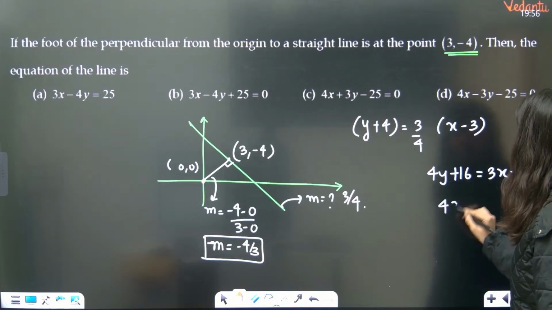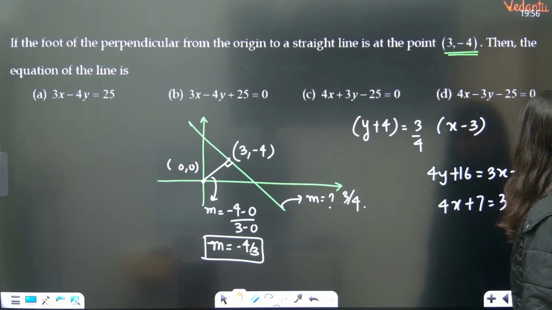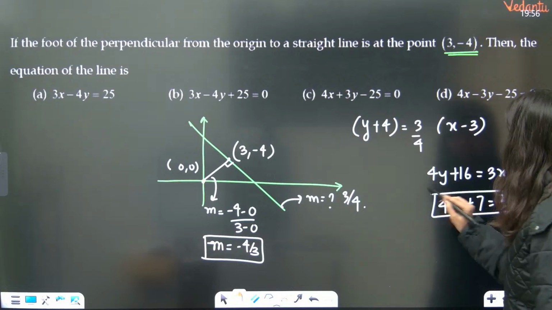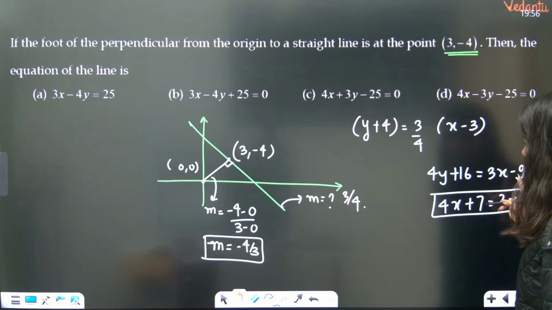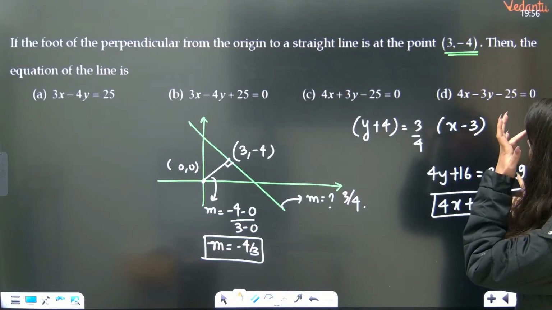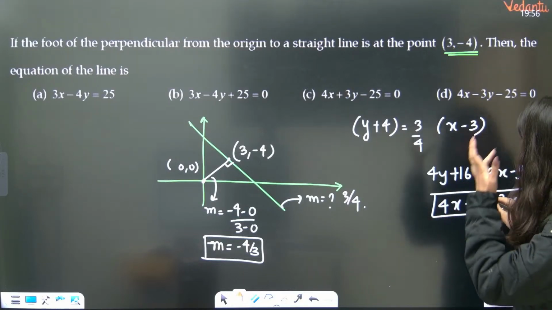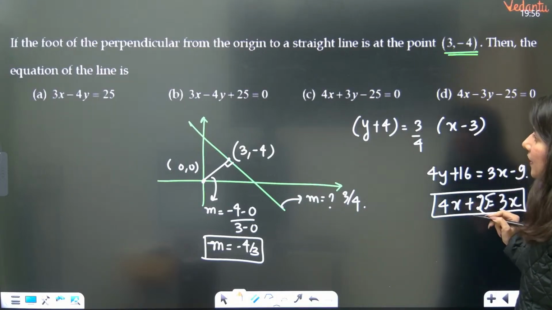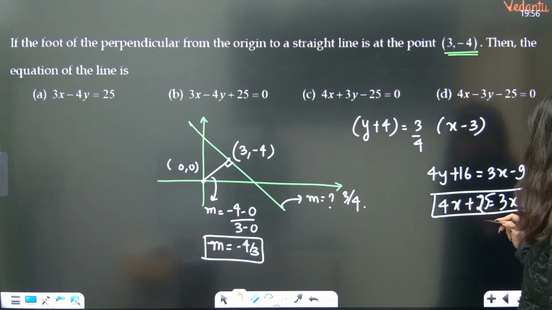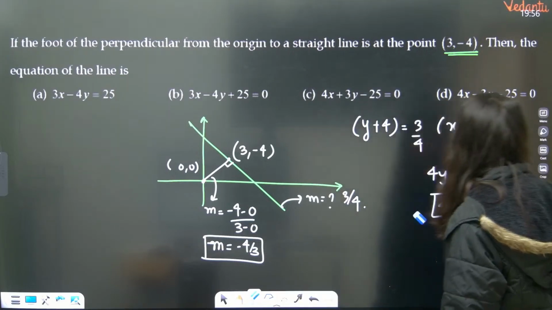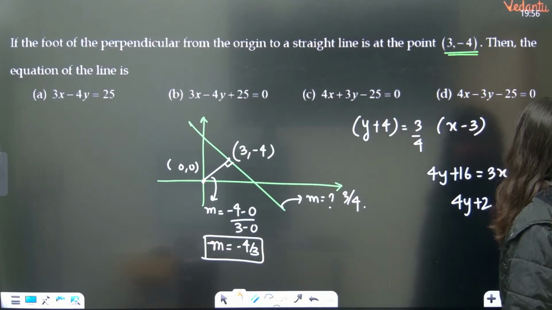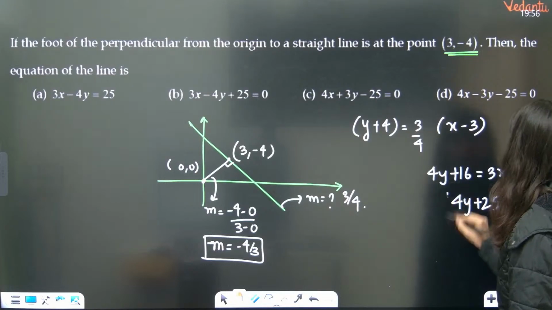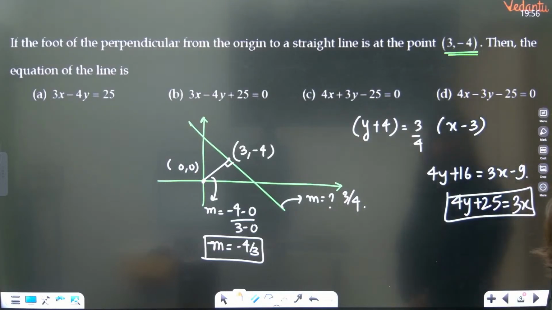So 4y plus 25, sorry, is equal to 3x. Tell me which option is correct.